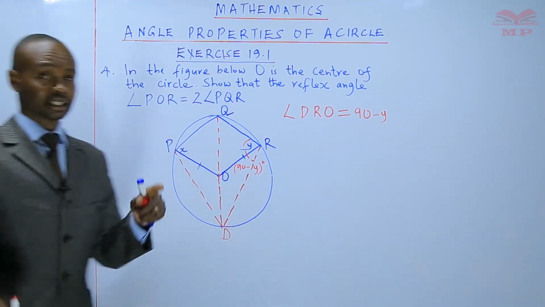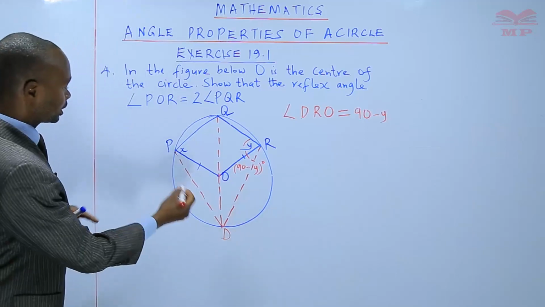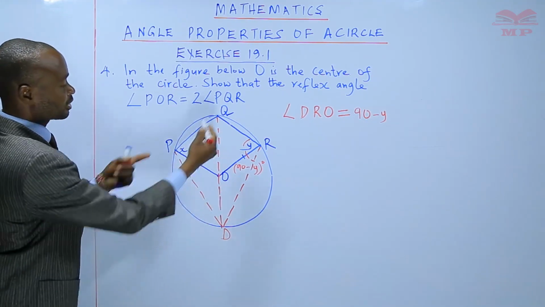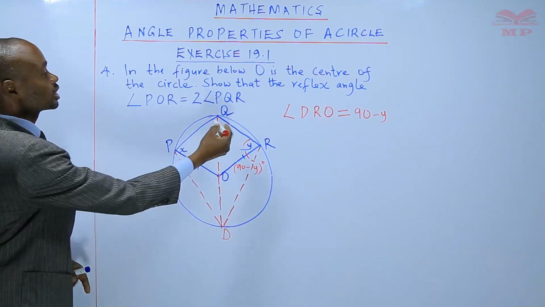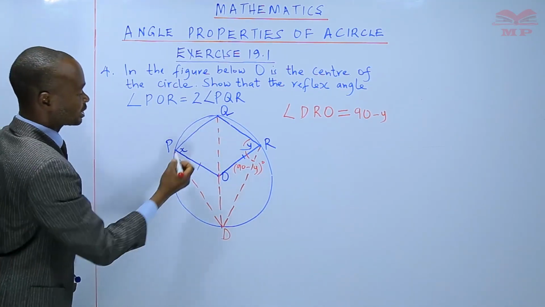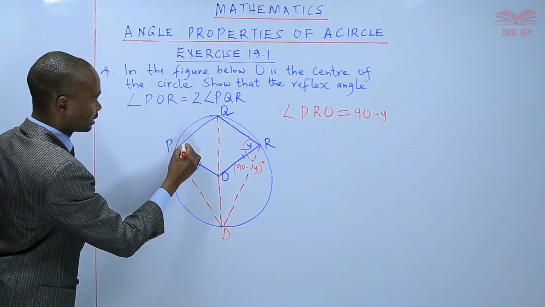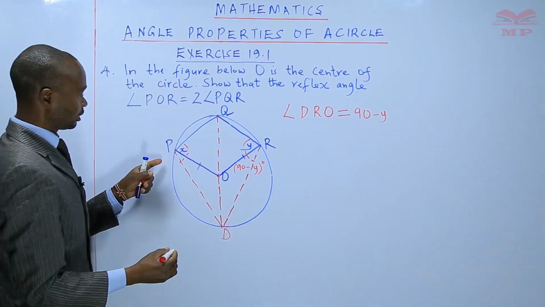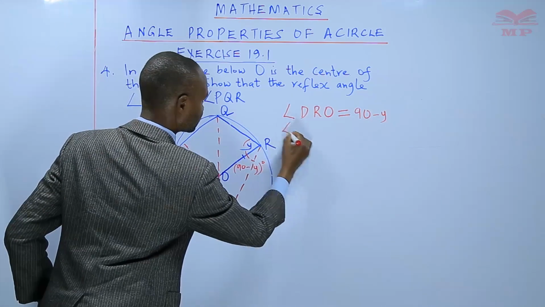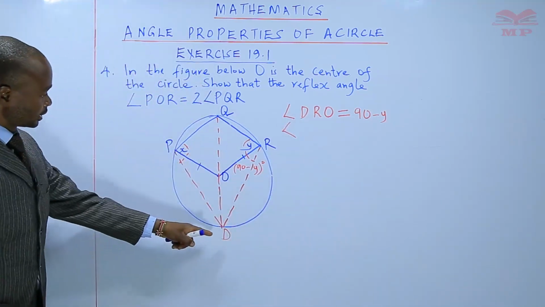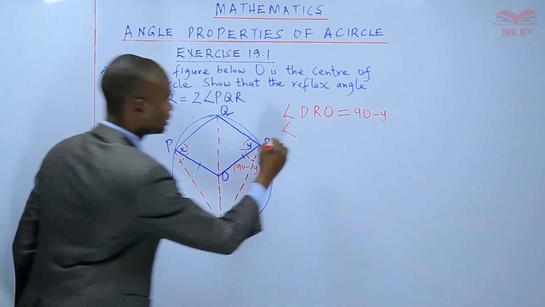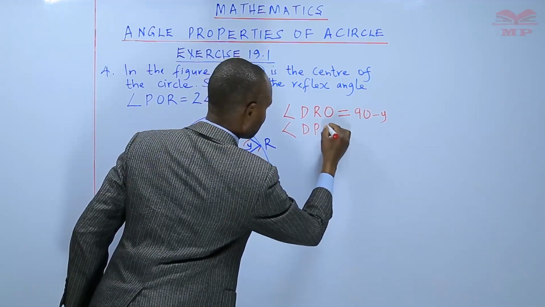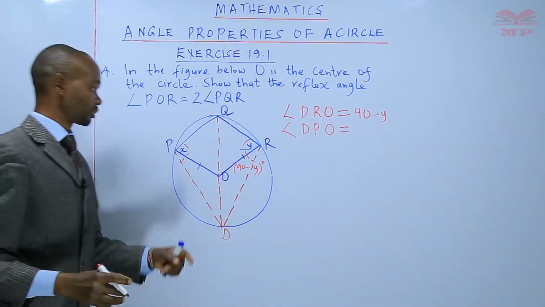I'll also come and get angle DPO. The same thing happens. Since this one is the diameter, it subtends a right angle here. It will subtend a right angle. Similarly, angle DPO will be equal to what?